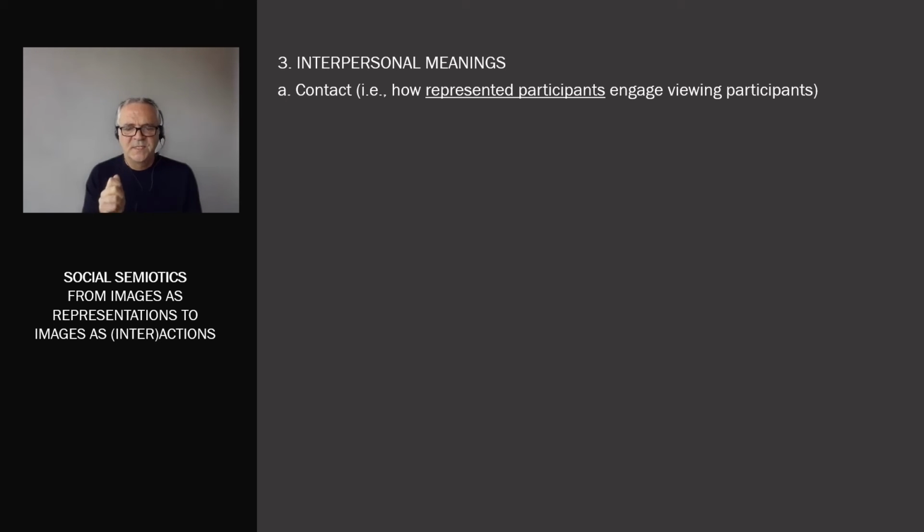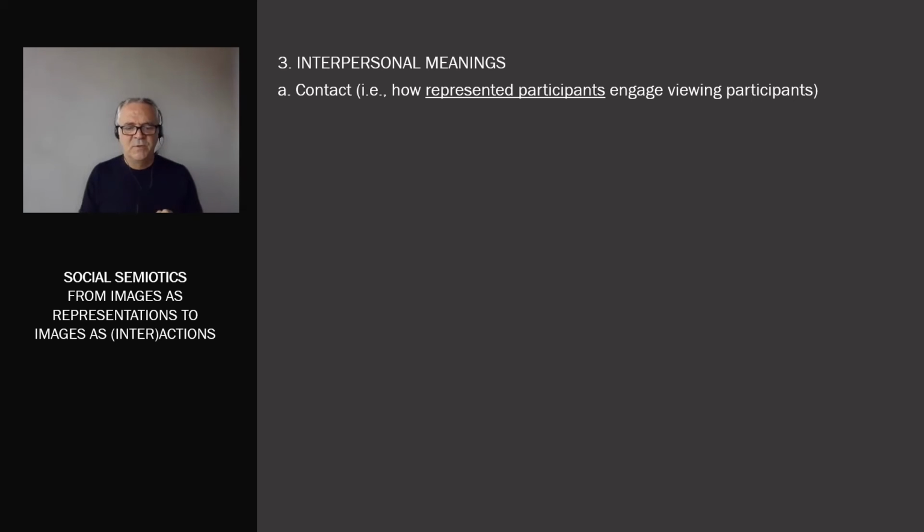Remember, a core principle of social semiotics is that images actively engage and interact with us. This is especially the case when images depict people, in which case we are often being invited to interact with the people in the image or not, or in particular ways.